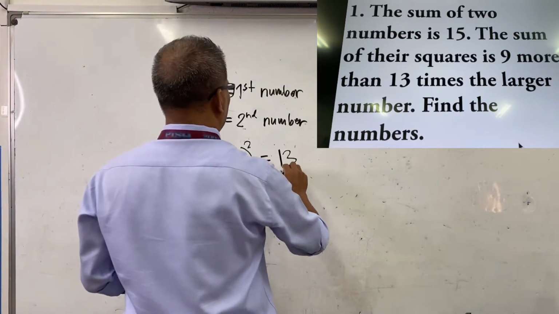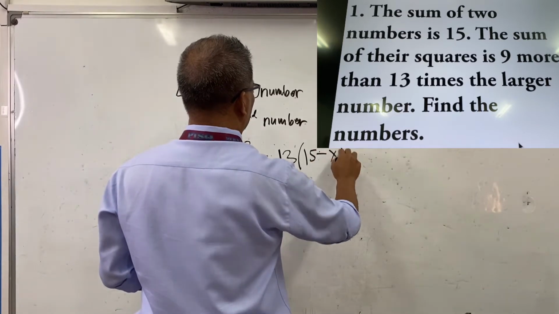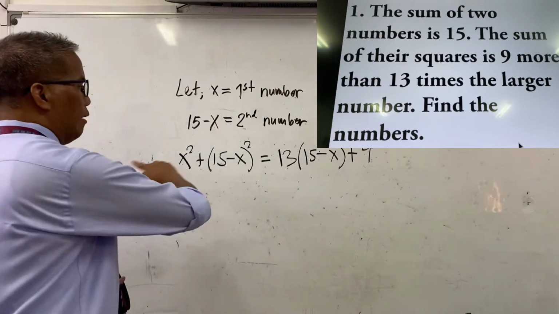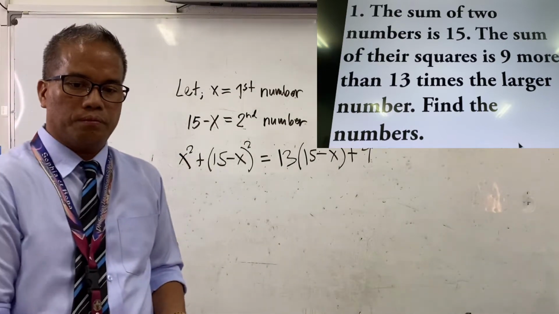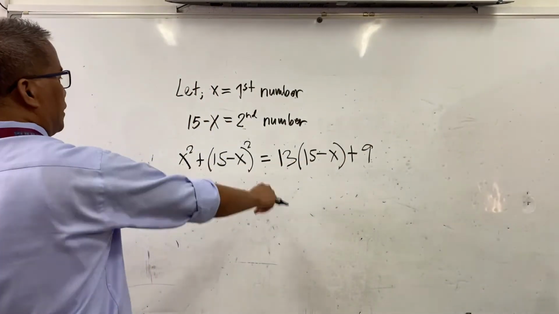So 13 times (15 minus x) plus 9. Okay, so we have now the equation. All you have to do is simplify this.